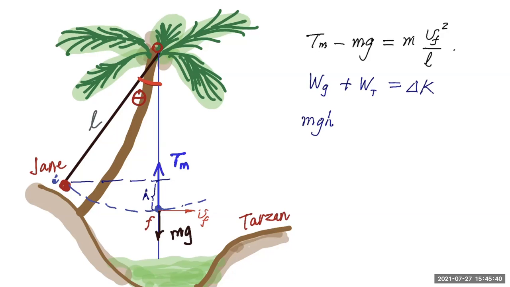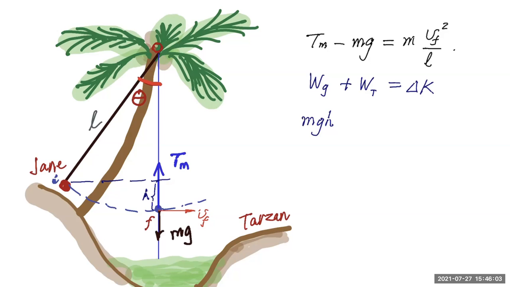We don't know what the direction is, except we know it's pointing from Jane towards the center of the circle, which is point O. So it's radially inward, right? On the other hand, Jane moves tangentially, right? She moves along the arc. So therefore, at every point, the tension is always perpendicular to the direction of motion of Jane.